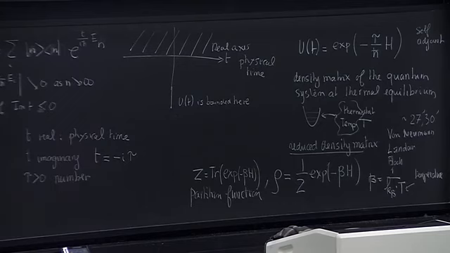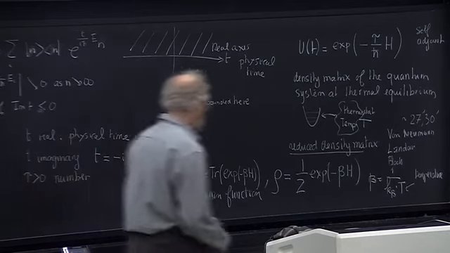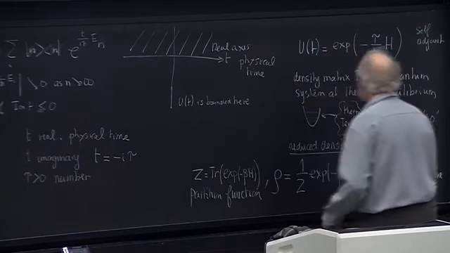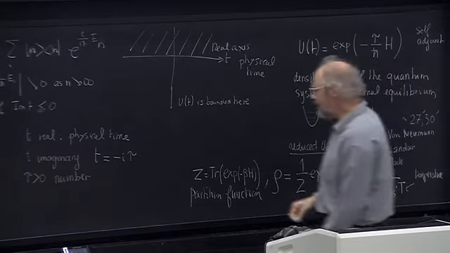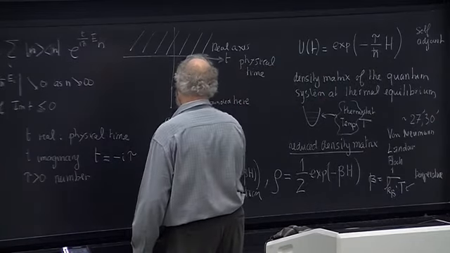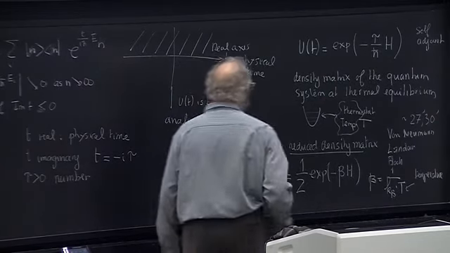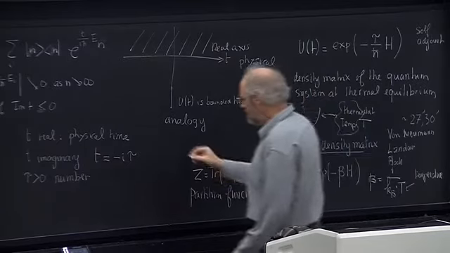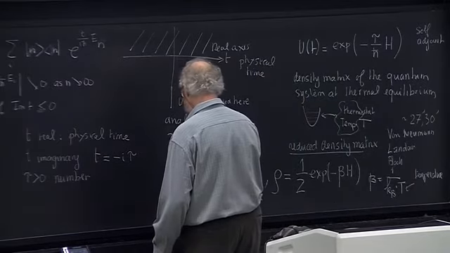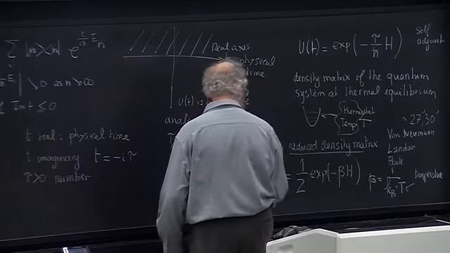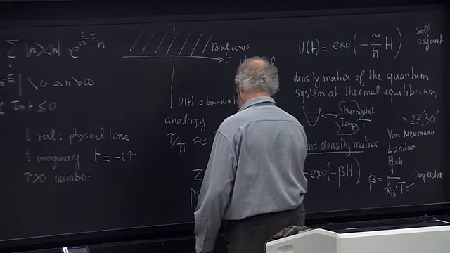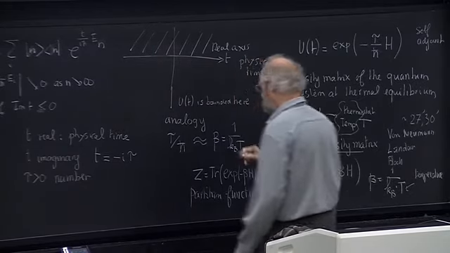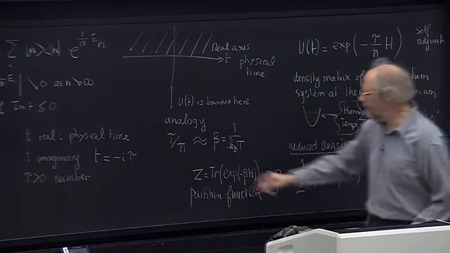Okay. And you see that this object has exactly the same form as this one. So basically, you have an analogy between tau divided by h bar and beta equal 1 over Boltzmann constant times the temperature.